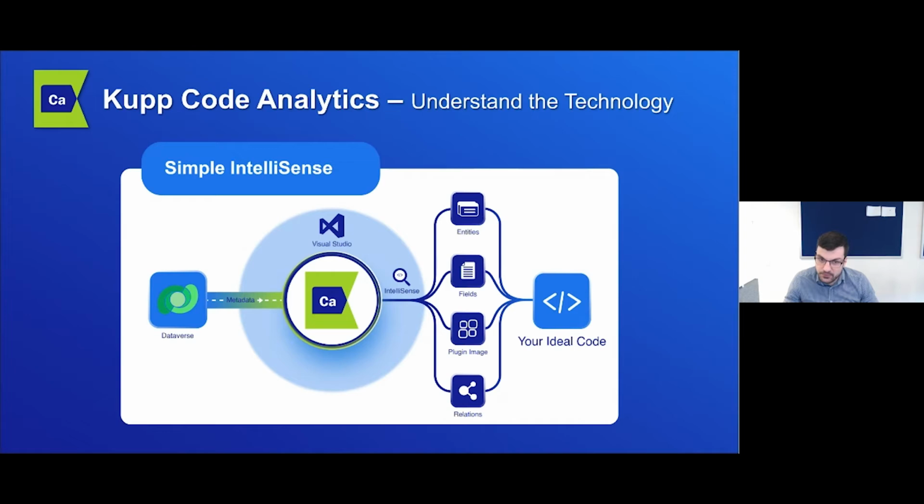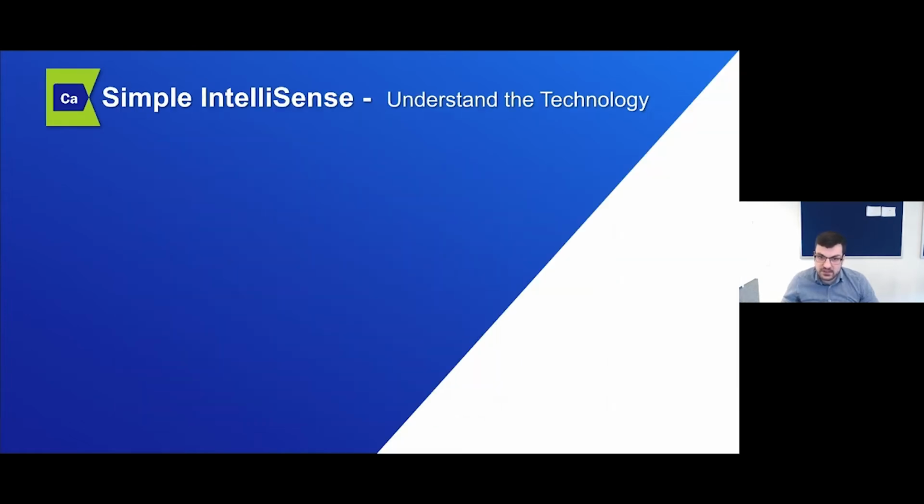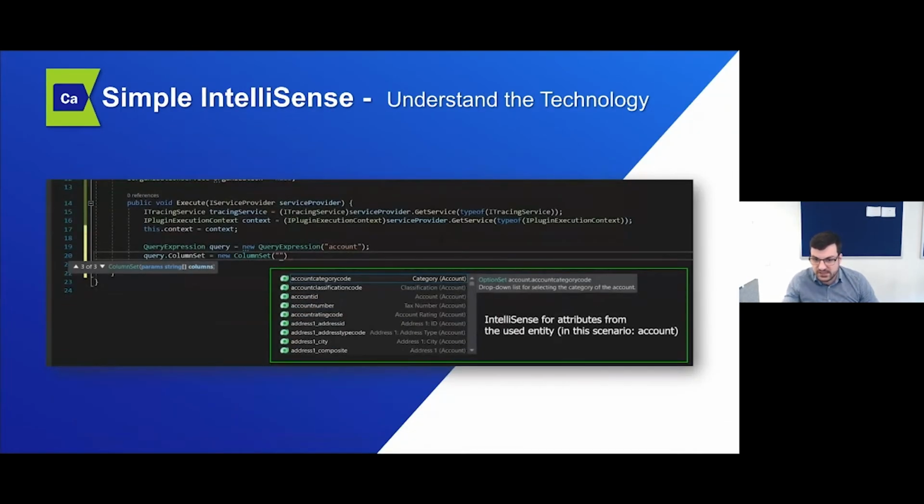And this is how it works in a very simple use case. So this is a very simple example. In this case, you have a query expression. You have to enter the entity name. On the second line, you will get a context-specific list of suggestions. In this case, attribute names scoped to account, because there's no other meaningful way to write attribute names here.